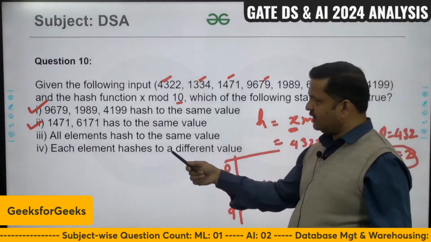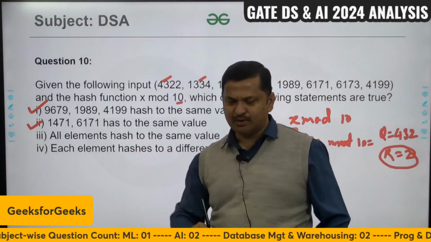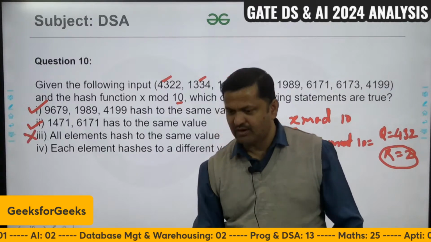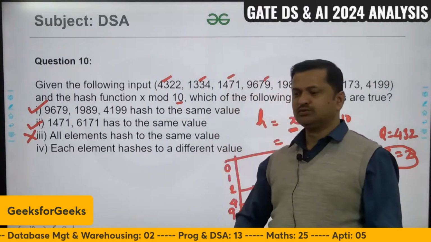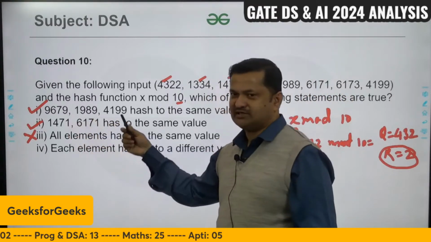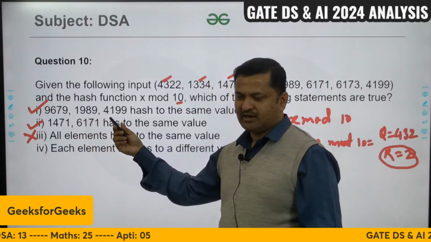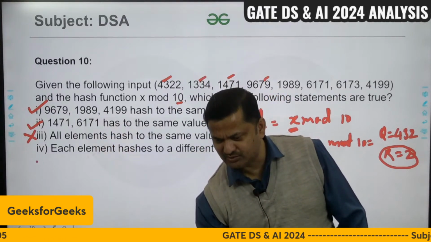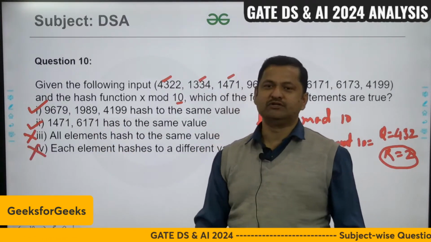So all the elements hashing to the same index value is not the correct option. So this is the wrong option. All right, each element hashes to a different value. Again, that is the wrong option, because here we can see that this is a collision. Since there is a collision, all elements cannot have distinct locations. So option 4 is also wrong.